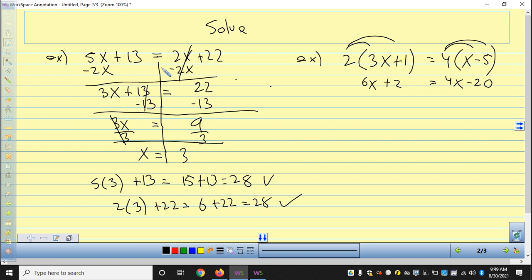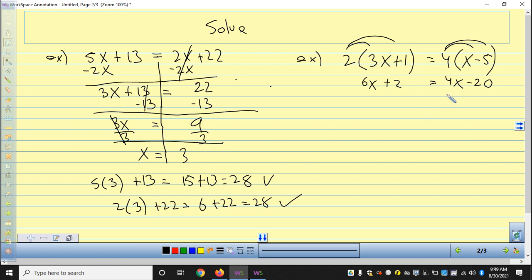What do we want to do first? Once we distribute, the parentheses go away. That's a good question. So you said subtract 4x? I like to get the variables together first, after we distribute.